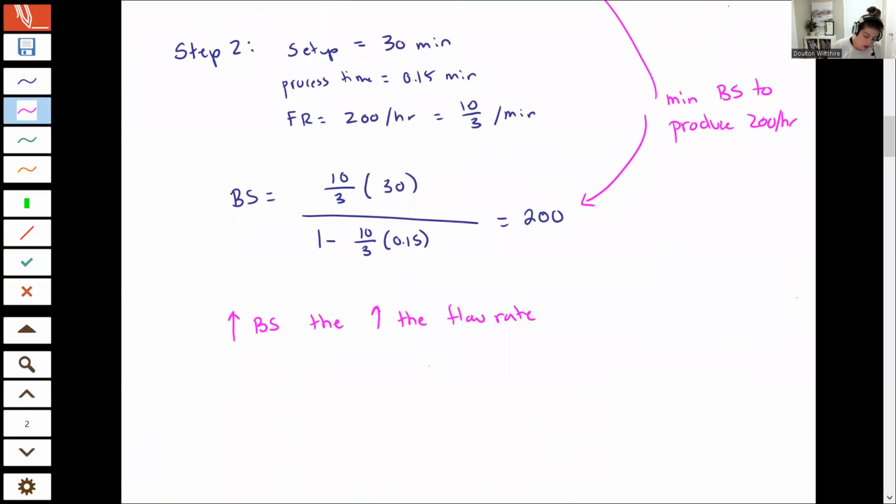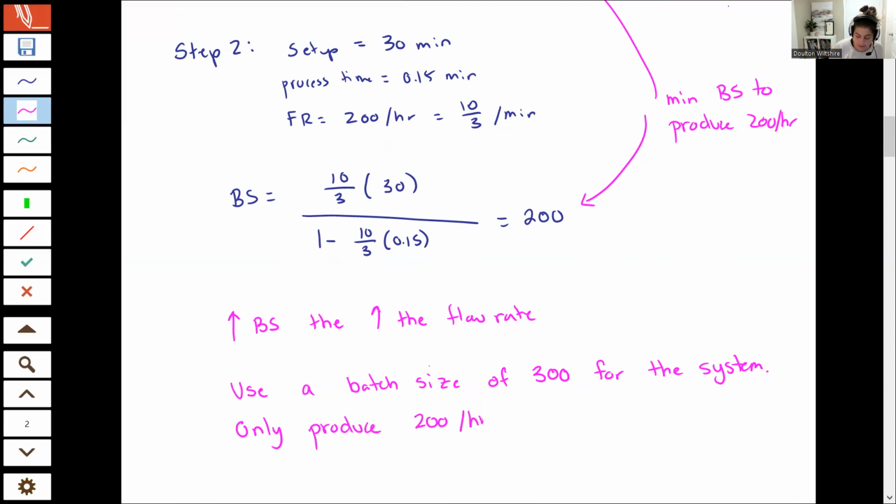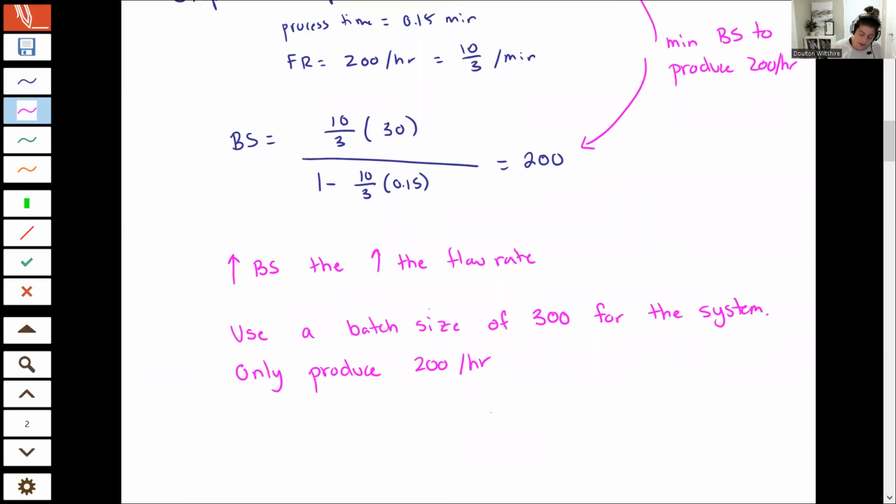For this part C, we are going to use a batch size of 300 for the system. We will only produce 200 per hour. In this situation, if we're producing 200 per hour, stage 1 is a bottleneck because we used its batch size.